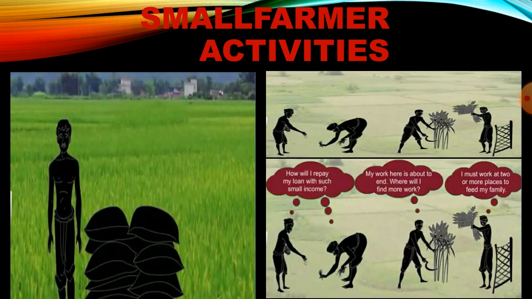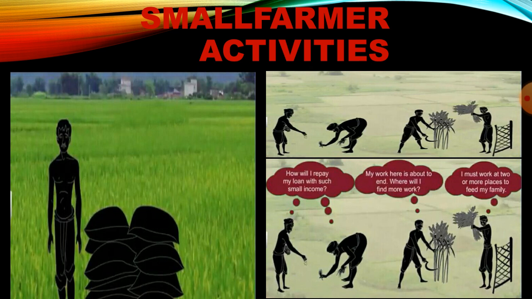Now we will take the activities of small farmers. The small farmer has a very small plot to cultivate. First he cultivates his own land, and when he is unable to earn enough money, he takes money from the rich farmer and is hired by the big farmer so that he can take wages by doing agricultural activities on the land of big farmers.